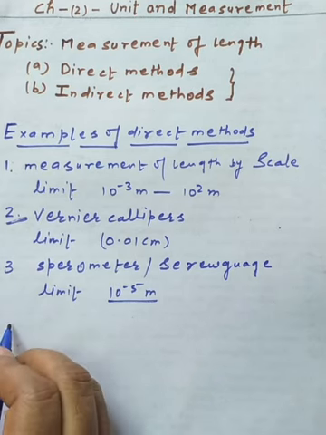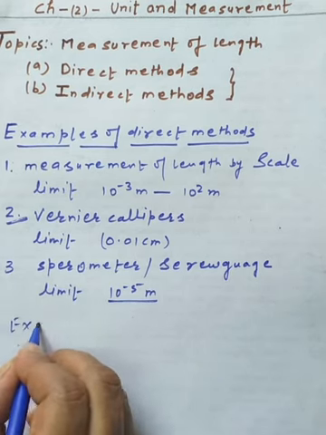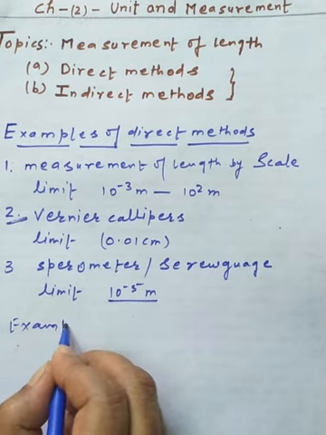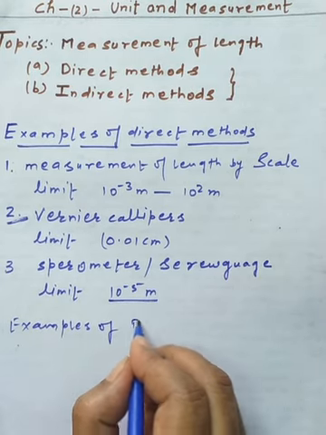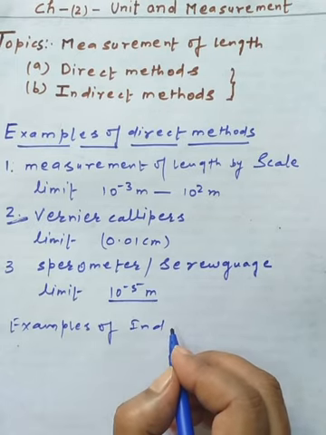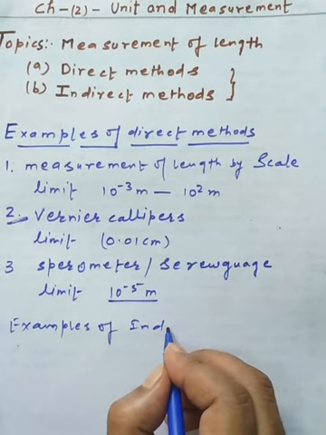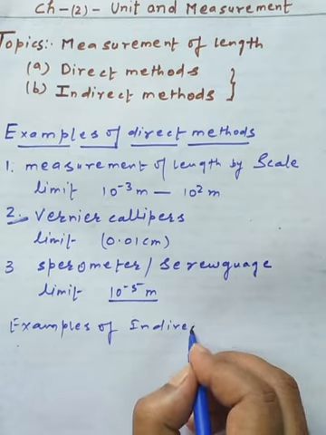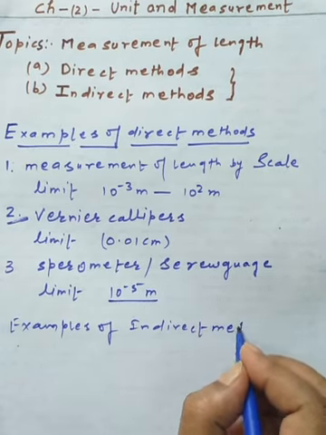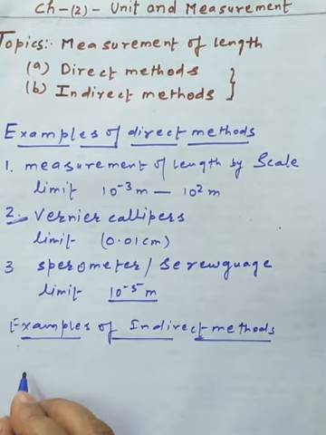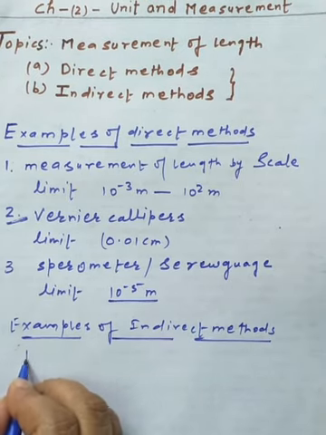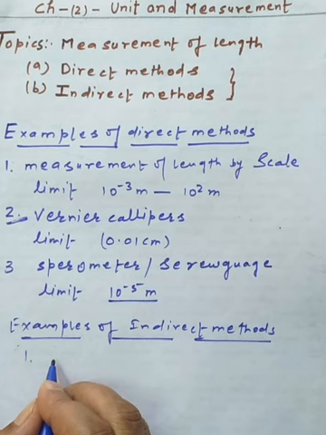Now we have some examples of indirect methods, because these direct methods have a very limited range. The first method I am taking here is the echo method.